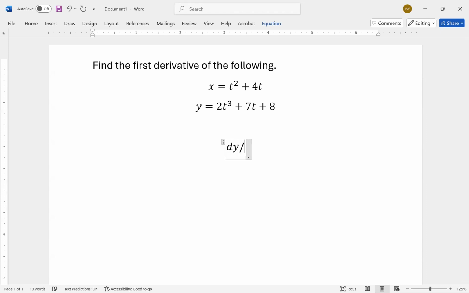Again, I'm thinking of the derivative of y with respect to x as the instantaneous change in y over the instantaneous change in x. I do those each with respect to t. So essentially, I'm going to take the derivative of my y function. That is going to be 6t squared plus 7.